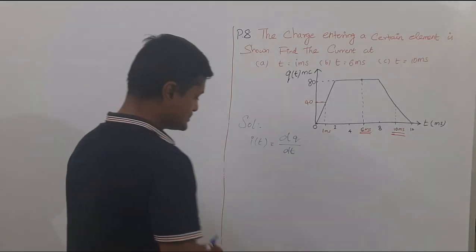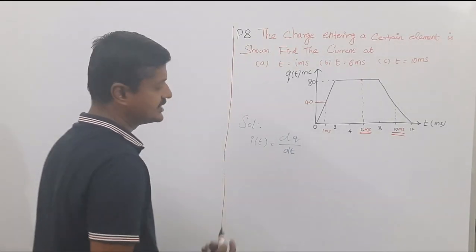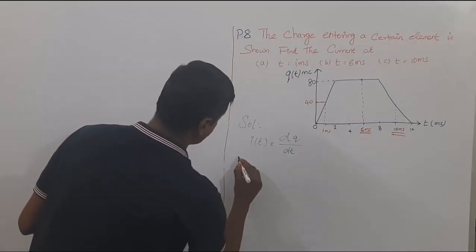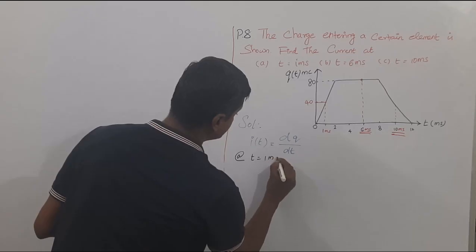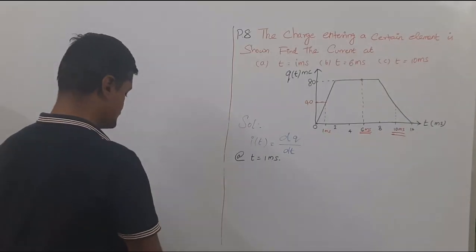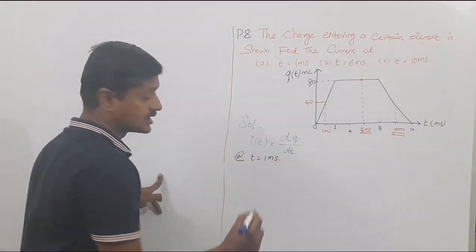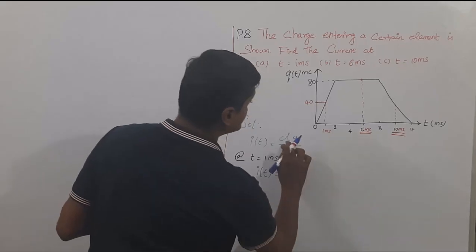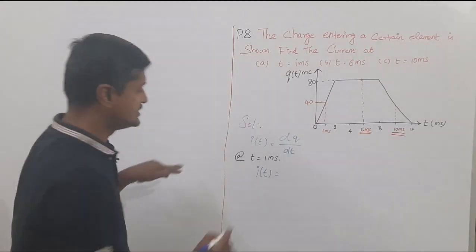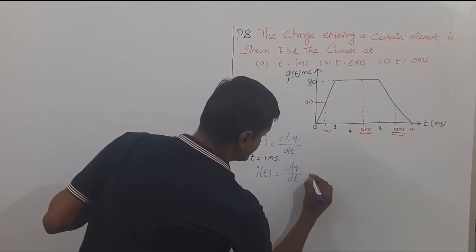Okay, now let's start with the problem. I equal to dq by dt. First find the charge at t equal to 1 millisecond. We need to calculate the current. So I of t is equal to dq divided by dt.